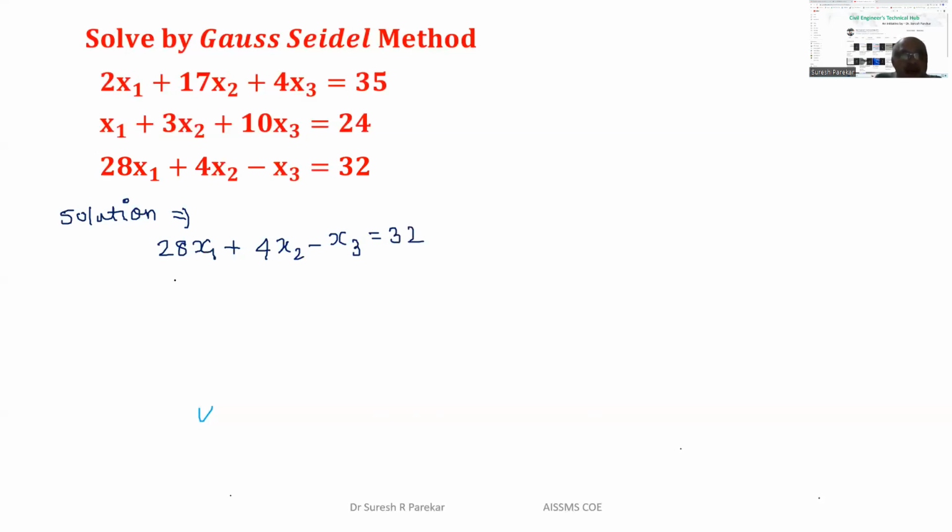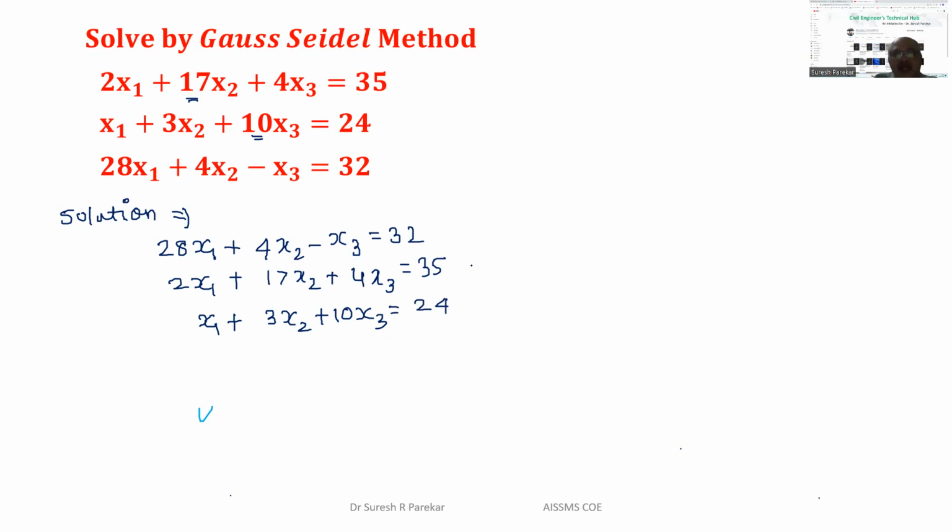Then the middle will be greater: 2x1 plus 17x2 plus 4x3 equal to 35. And then the third one, x1 plus 3x2 plus 10x3, equal to 24.